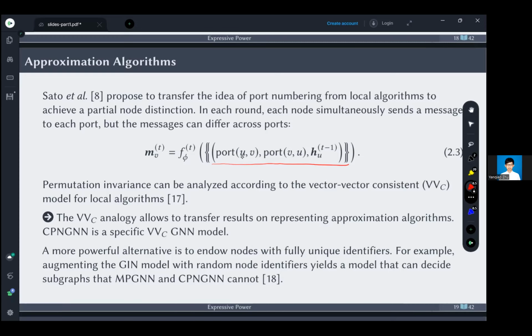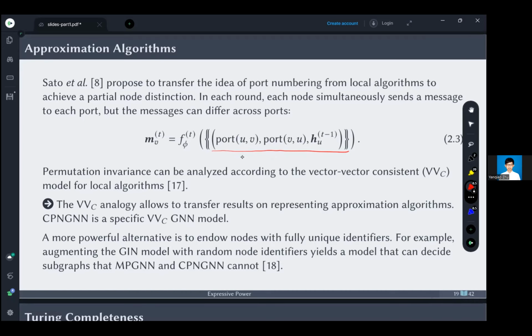And I think there is another paper that mentions how to improve the representation abilities. Like Yizhou just said before, we can give node messages fully unique identifiers. In this case, we identify each port number, and the port basically means that the port number will not repeat.